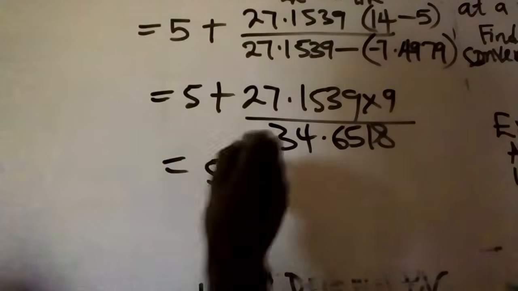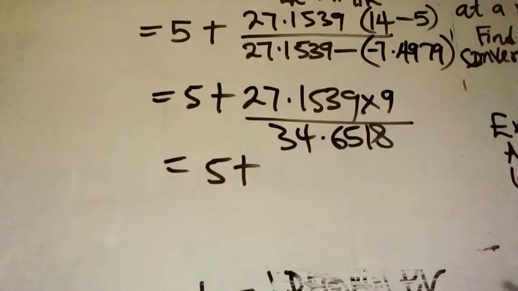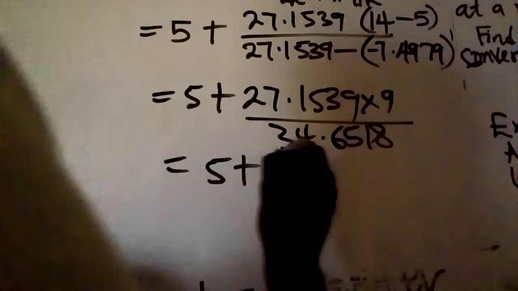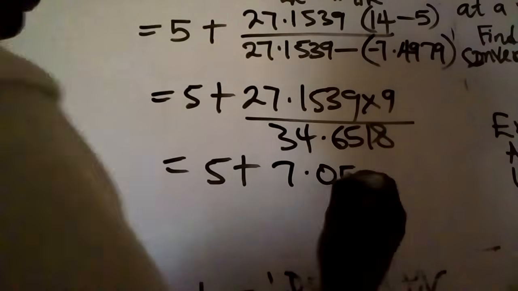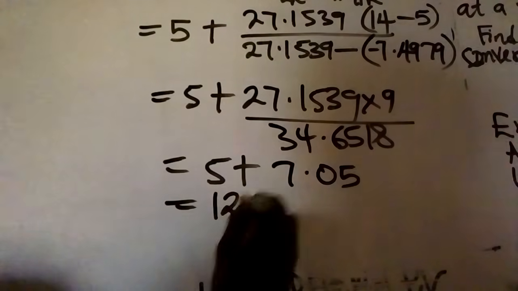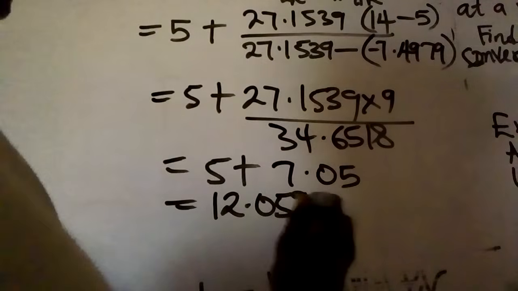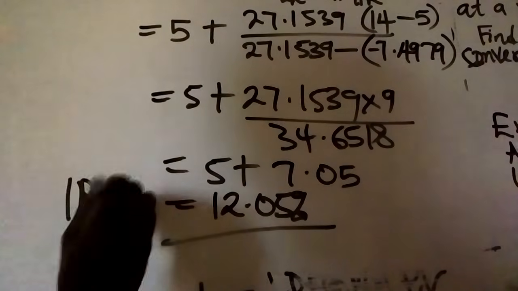So we have 5 plus 27.1539 times 9 divided by 34.6518, we have 7.05. If you add it to 5, then you have 12.05%. That is our IRR.